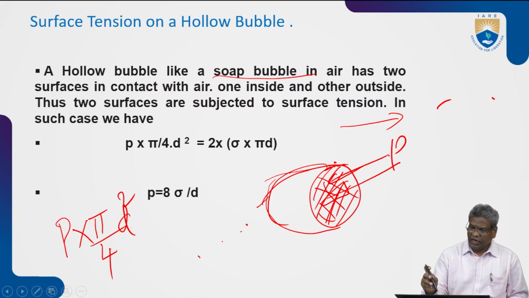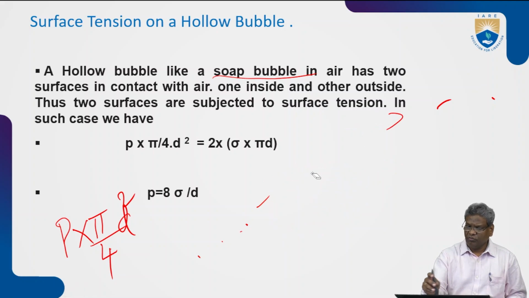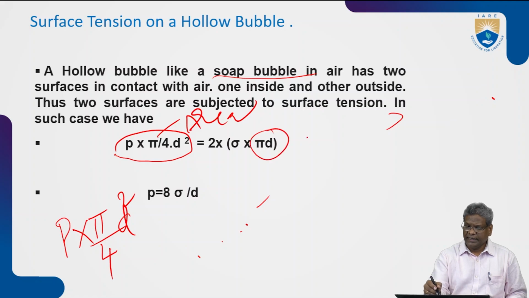Under equilibrium condition we equate the pressure force and the surface tension force. So P into pi by 4 d square, where pi by 4 d square is the area, whereas pi d is the circumference of the circle.